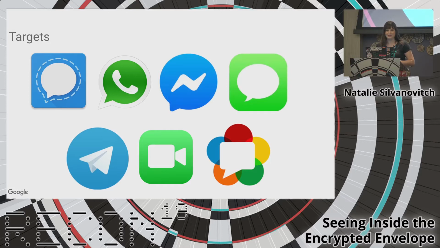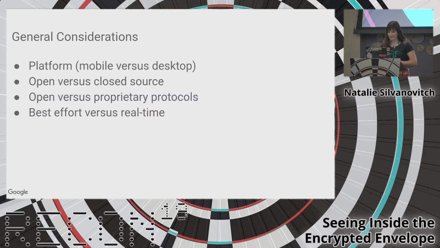That's WebRTC, which is the component that enables video conferencing in browsers and a lot of other things. And these are all things that I've used these techniques to find bugs in, or at least look unsuccessfully for bugs in. So I want to share some of my techniques for that with you today.